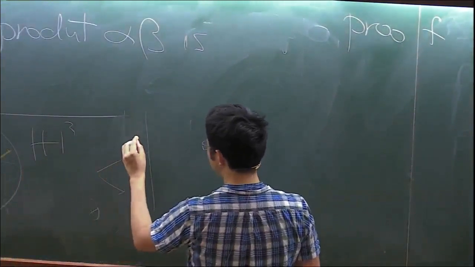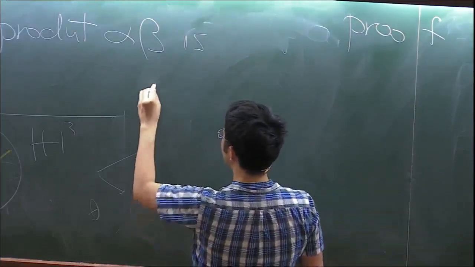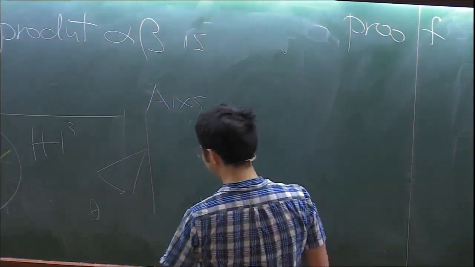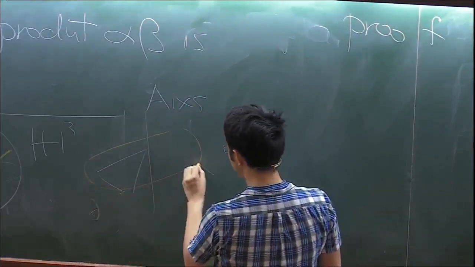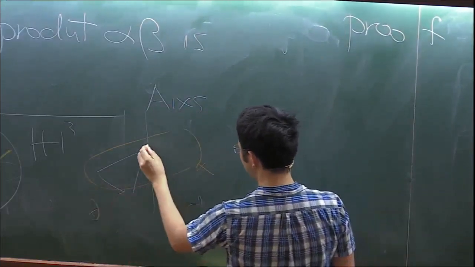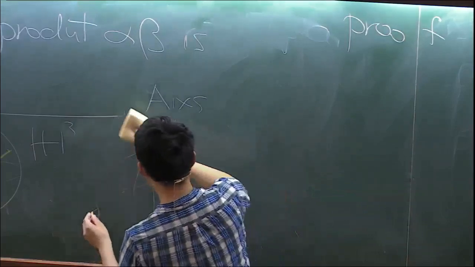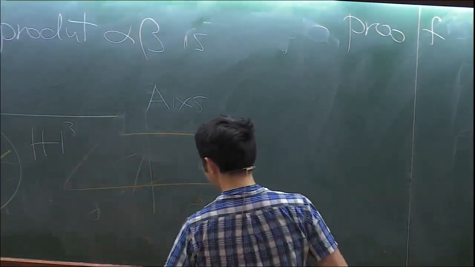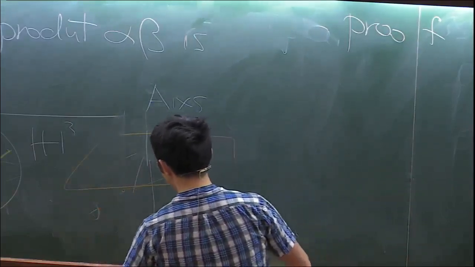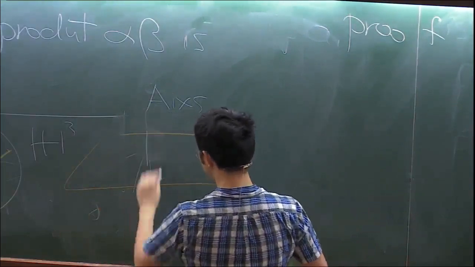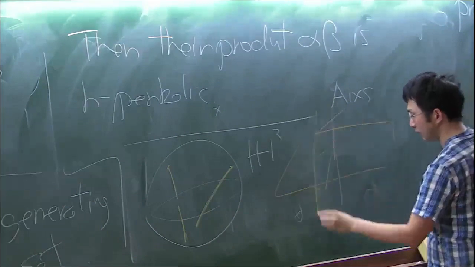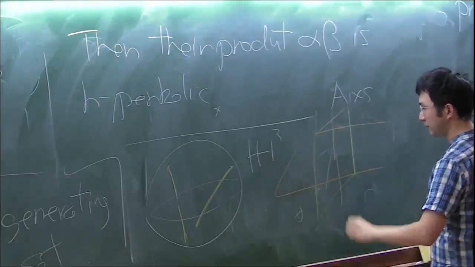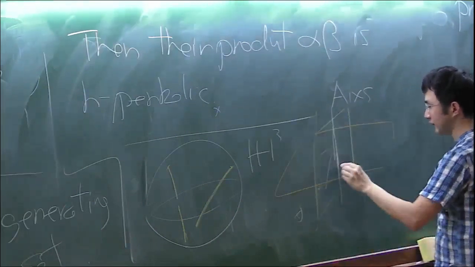You can take this axis, and then you take some orthogonal complement here. You have a plane. And then you take two hyperbolic planes passing through the axis.